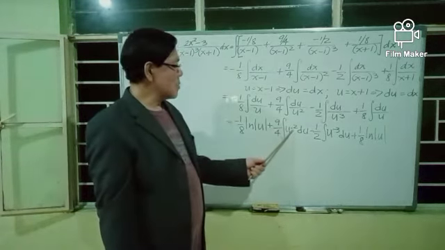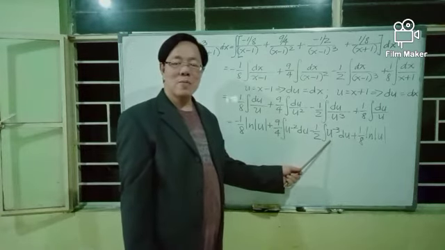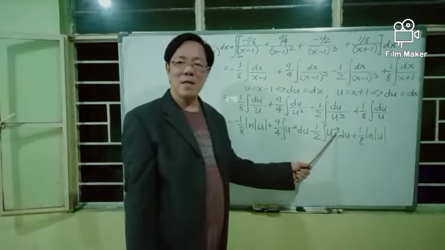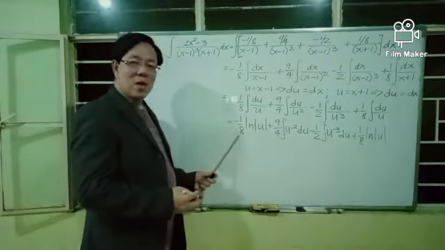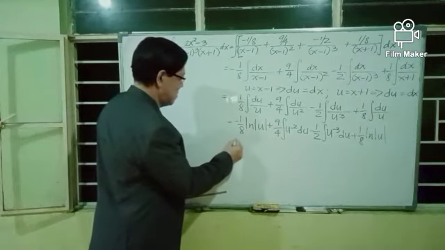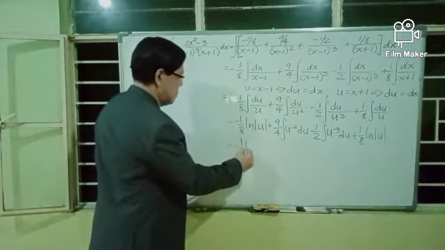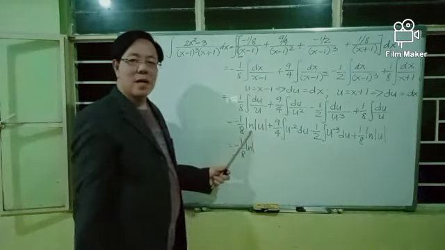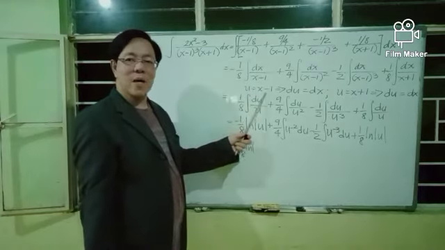In the second term, in the power rule, n equals negative 2. In this third term, in the power rule, n is negative 3. We have negative 1 over 8 multiplied by ln of u. And for the first term, our u is x minus 1.